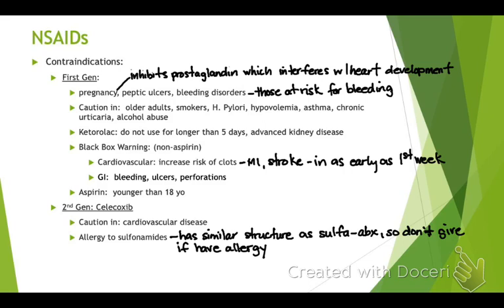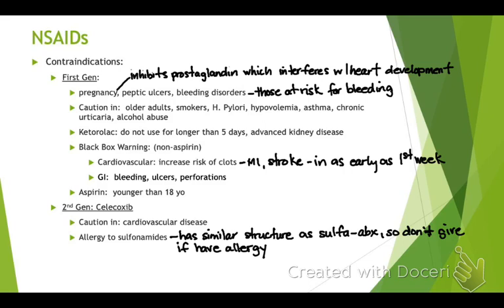The ketorolac, which is your Toradol, you do not want to use for longer than 5 days. It can have advanced kidney complications, and those patients with advanced kidney disease are then at even greater risk of advancing their disease process. So you want to be cautious of that.